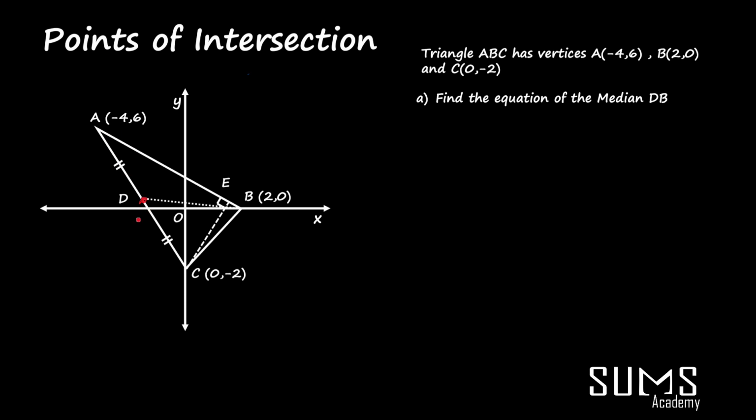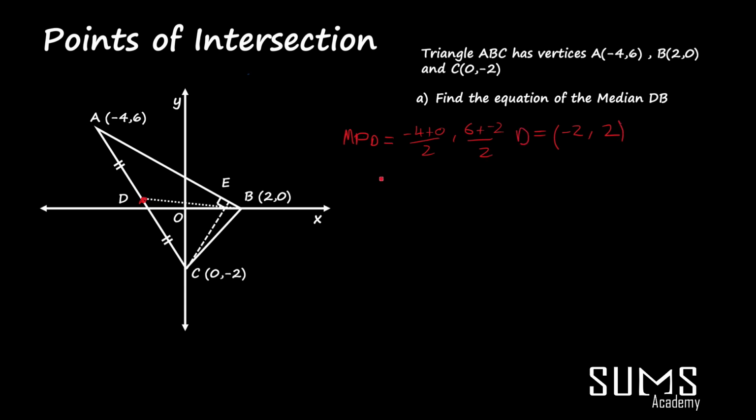So first of all, we'll need the midpoint of A and C. So midpoint D is equal to x coordinates (-4 + 0) over 2, y coordinates (6 + -2) over 2, and that is equal to (-2, 2). So that's our point D.